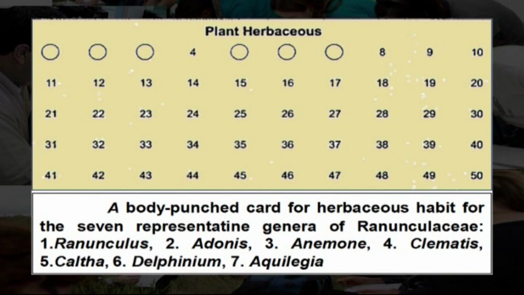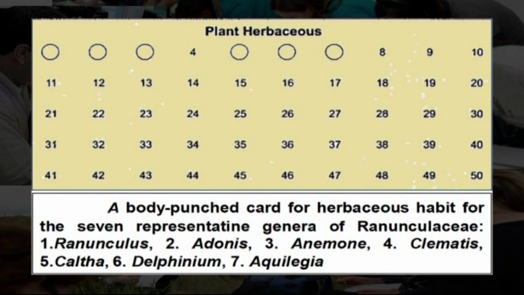In the process, one card is used for one attribute, that is a character state. Therefore, as many cards are required as the number of attributes taken into consideration, and the taxa to be eliminated are numbered as depicted.